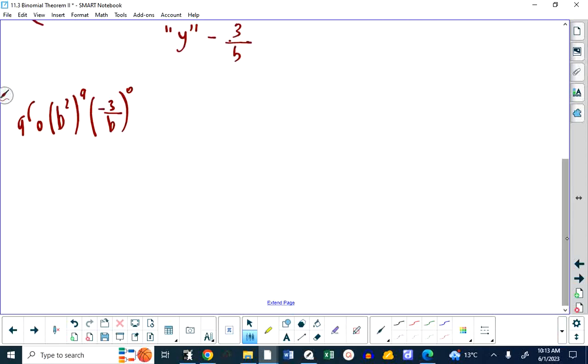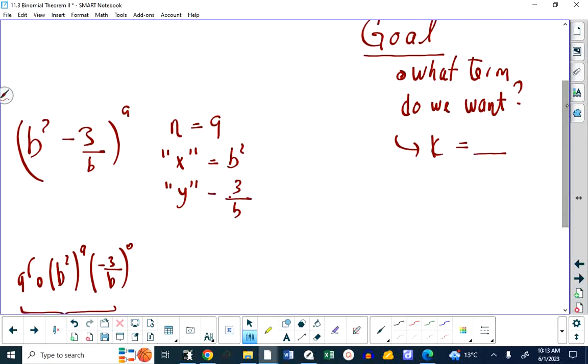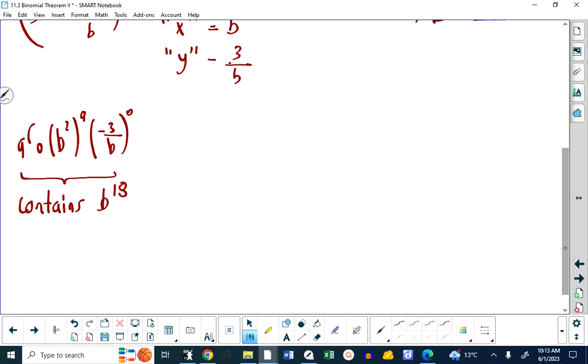Will that have b cubed when it's simplified? No. It's going to contain b to the 18. We know now that the term we're after is not the first term. Now, be patient. We're not going to go all the way until we find the term.